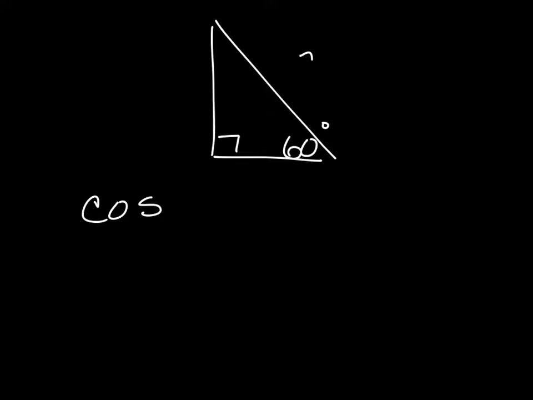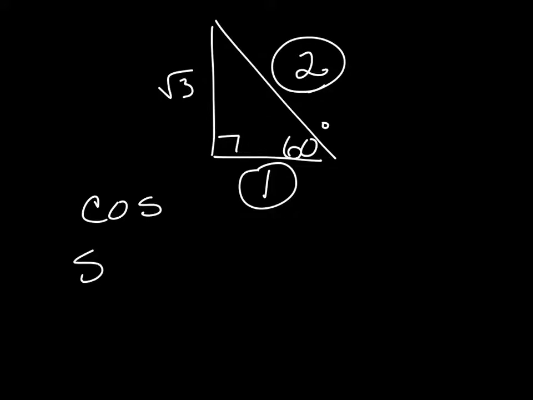So if I do the cosine of 60 degrees, the cosine of 60 degrees would be side adjacent over hypotenuse, and the sine of 60 degrees would be side opposite over hypotenuse.